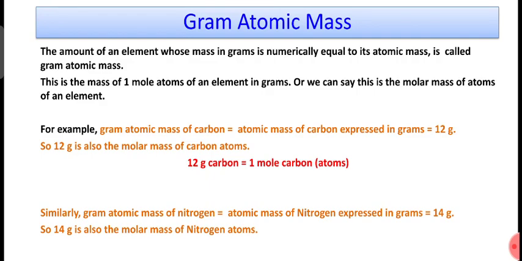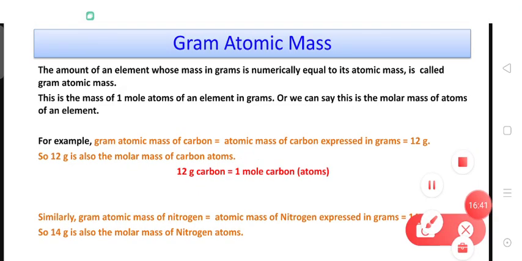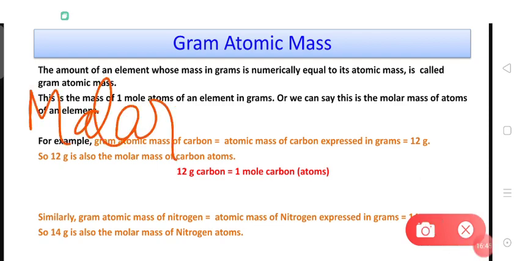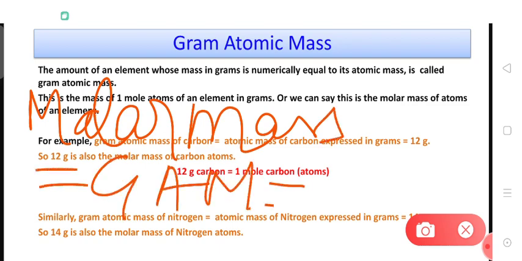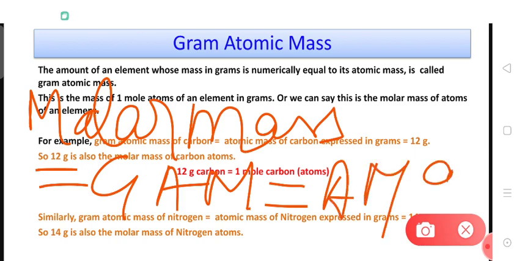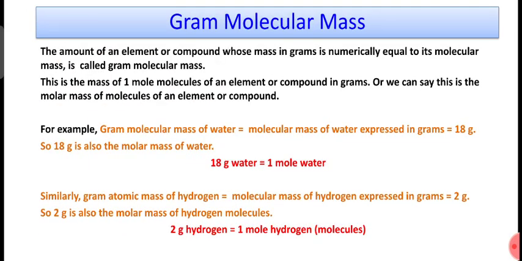So dear students, here again I would like to tell you the relation. The relation is molar mass equal to gram atomic mass equal to atomic mass in grams. This relation you need to learn.